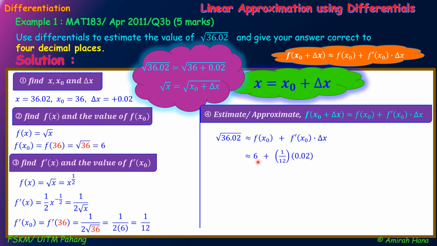So after we substitute, we have 6 for f(x₀), plus 1 over 12 for f'(x₀), times delta x, which is 0.02. And then we solve, so we have 6.0017, correct to 4 decimal places.